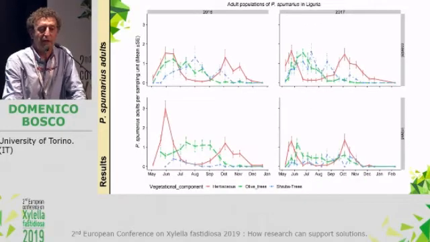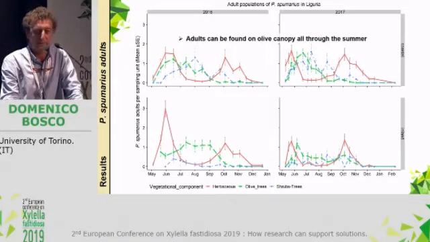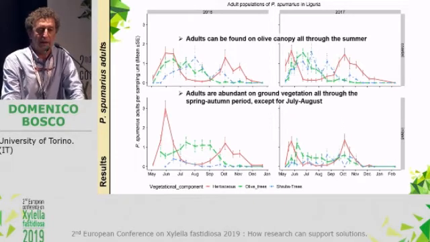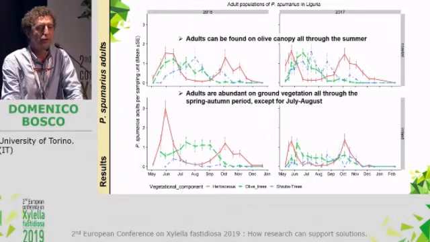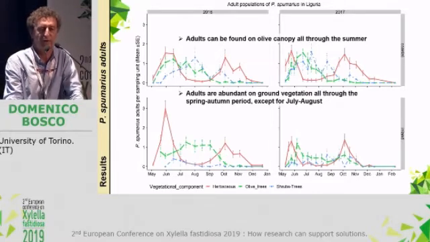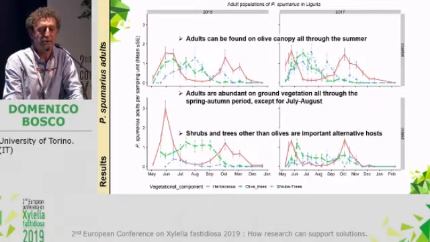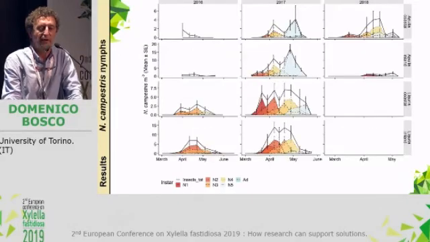As for the Liguria region, the picture is slightly different. It's interesting to note that adults can be found on olive canopy basically all through the summer. And adults are abundant on ground vegetation through the whole period, spring to autumn, except for a short interruption during July-August, the driest months. And also in these sites, shrubs and trees prove to be important alternative hosts for the vector.